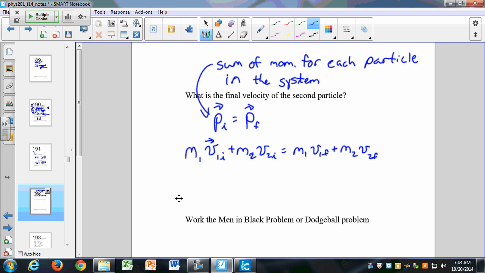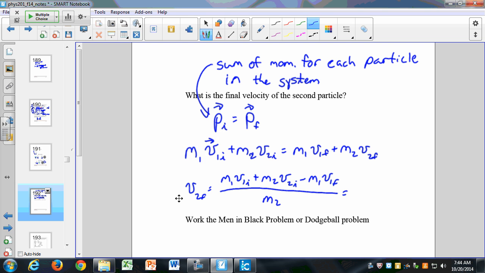And I'm looking for V2 final, so I can just solve this for V2 final, all divided by M2. And then I can put in my numbers.